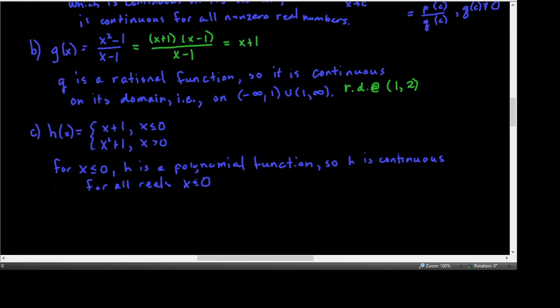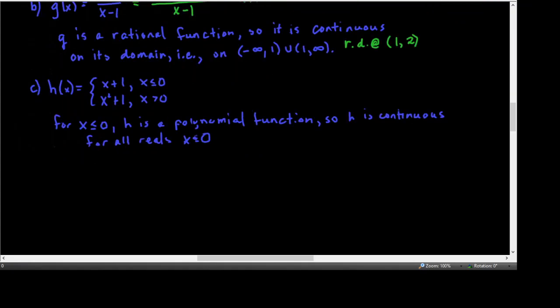Okay? And the argument for x greater than 0 is the same, so I'm going to abbreviate it a little bit.